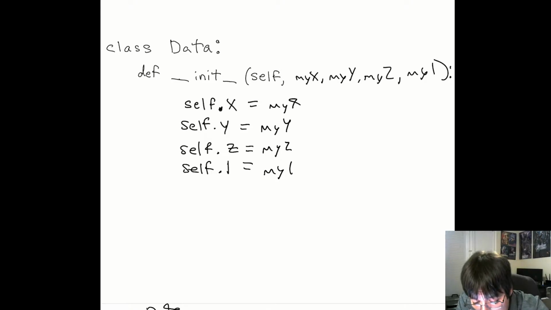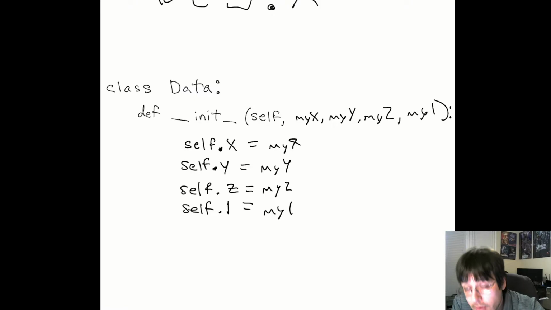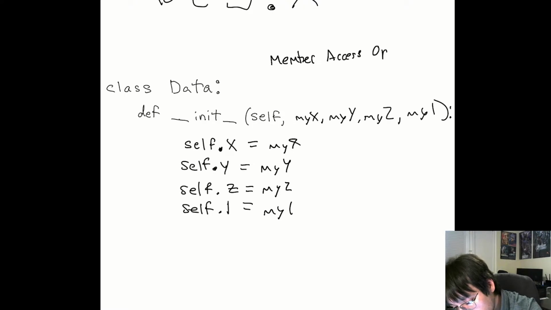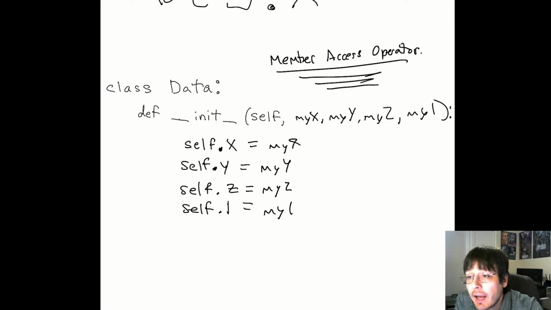Now let's talk about this dot. This dot, you have seen it before, occasionally throughout the semester. First of all, that dot has a name. It's called the member access operator. And as the name implies, it accesses members of a class or an object.